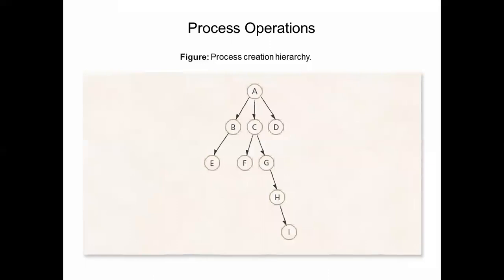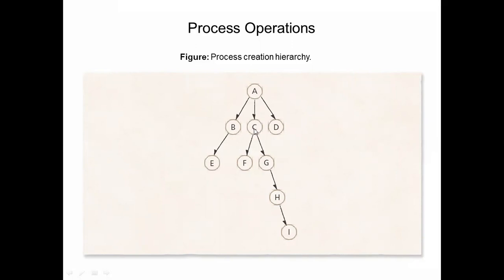Now here you can see the process creation hierarchy. This is the parent process. From this parent process, the different child processes are B, C, D, and from child process B, there is again a subchild process E, which we can also call a child process.